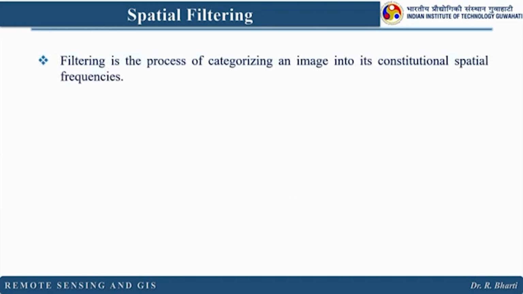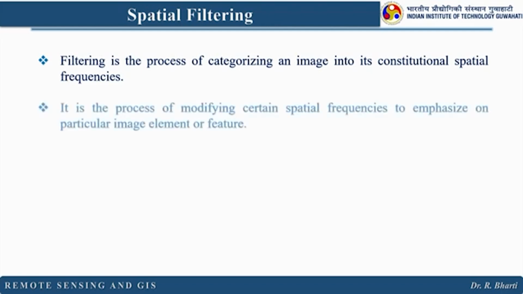Filtering is the process of categorizing an image into its constituent spatial frequencies. It is a process of modifying certain spatial frequencies to emphasize a particular image element or feature.